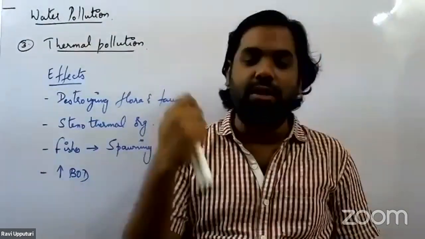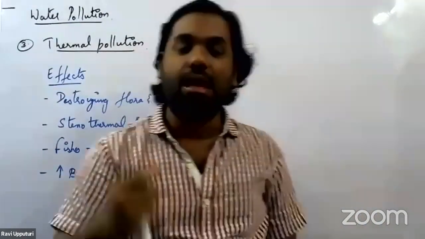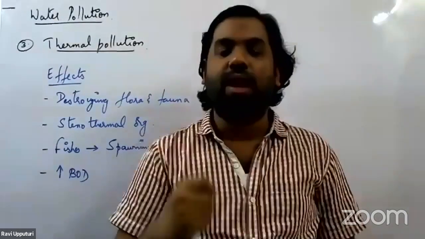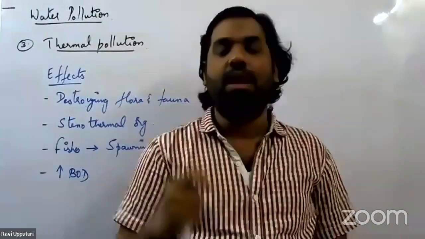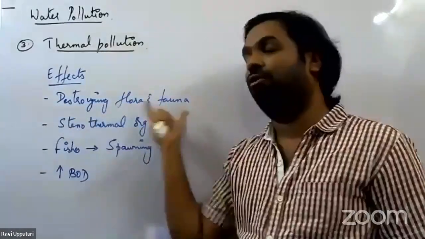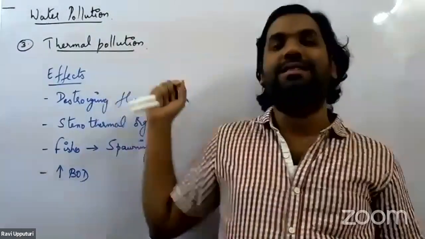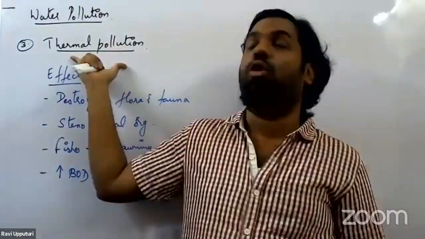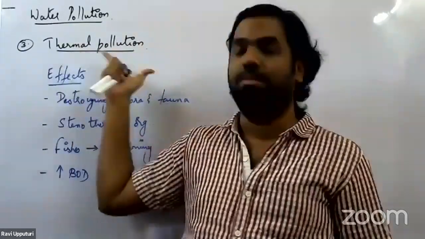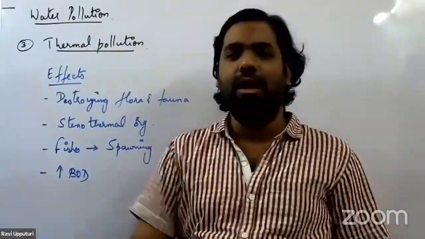And what happens if the dissolved oxygen levels decrease? All of the aquatic organisms will suffer from deficiency of oxygen. Because of this deficiency of oxygen, most of the aquatic flora and fauna will get destroyed. Right? So these are some of the major effects caused by thermal pollution.